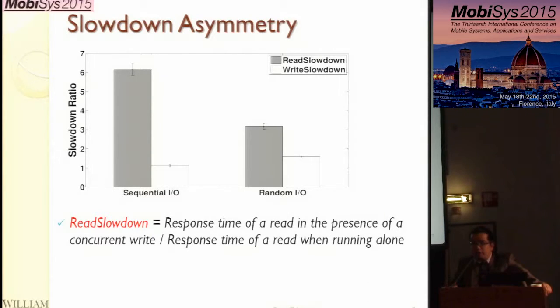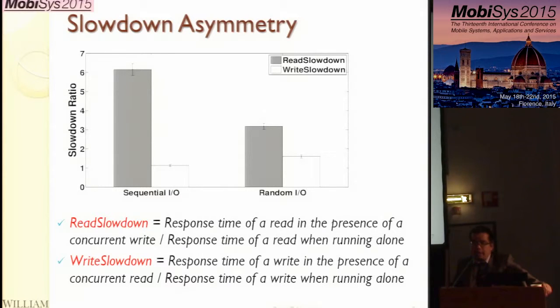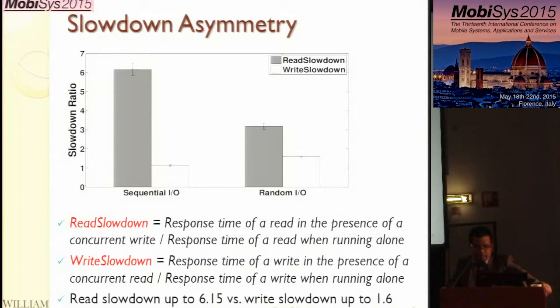So just to be clear, read slowdown is the response time of a read in the presence of a concurrent write over the response time of a read when running alone. And write slowdown, similarly, is the response time of a write in the presence of a concurrent read over the response time of a write when running alone. So the main observation here is that read slowdown is up to 6.15, while write slowdown is just up to 1.6.